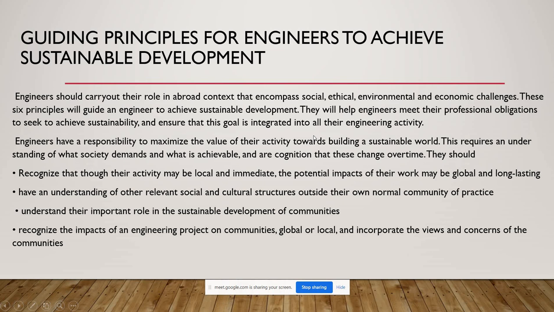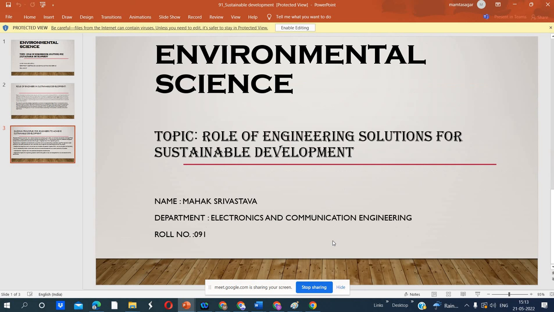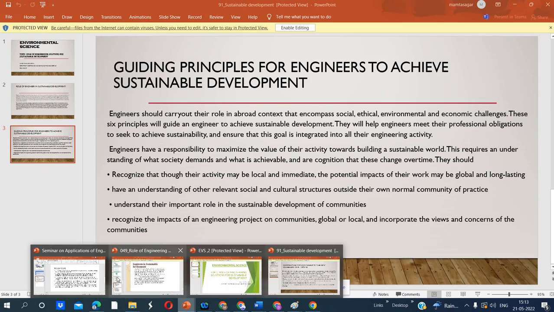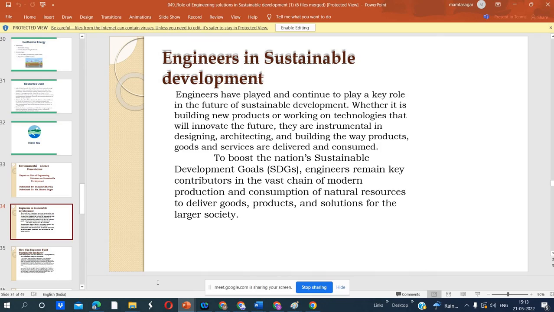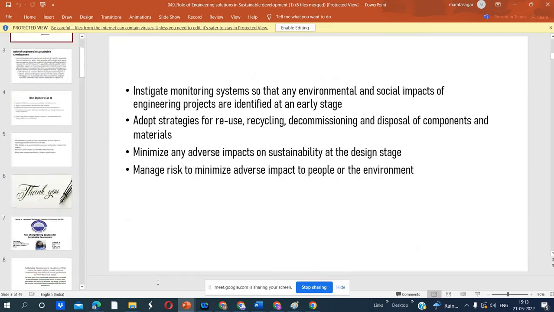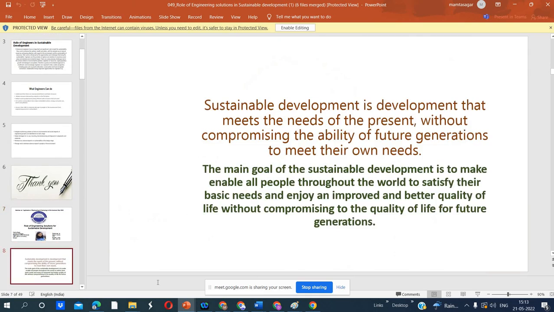Okay, where are the other participants? If Sanjula is here, you can message in the group. Sanjula is done, I think. Whose presentation is left now? Okay, Sanjula has done.